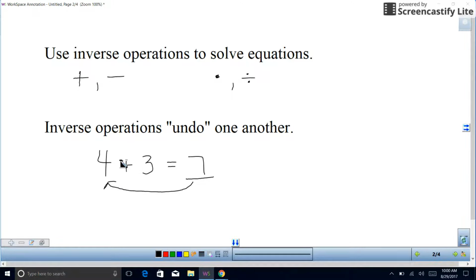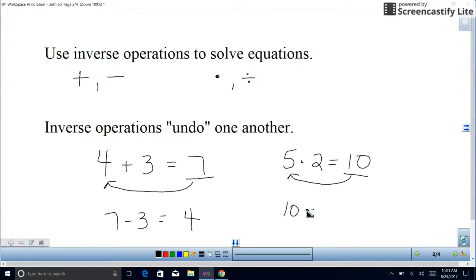Well, I added 3 to it to become 7, so I'm just going to subtract 3 from 7 to get back to 4. 7 minus 3 equals 4. All right, same thing with multiplication. If I have 5 times 2, which is 10, to go from 10 back to 5, I divide by 2.